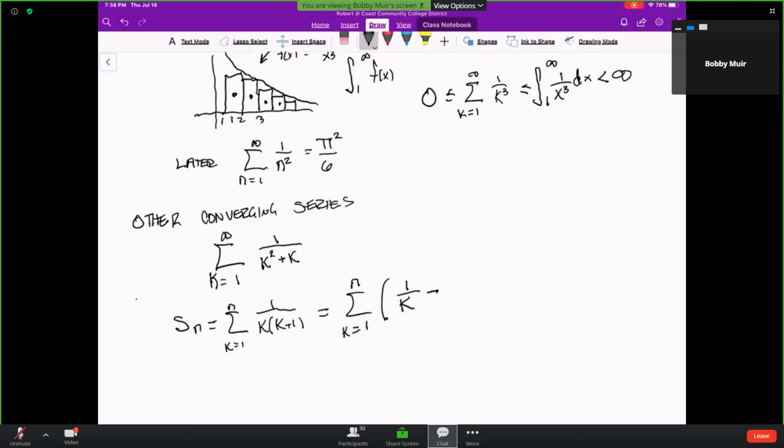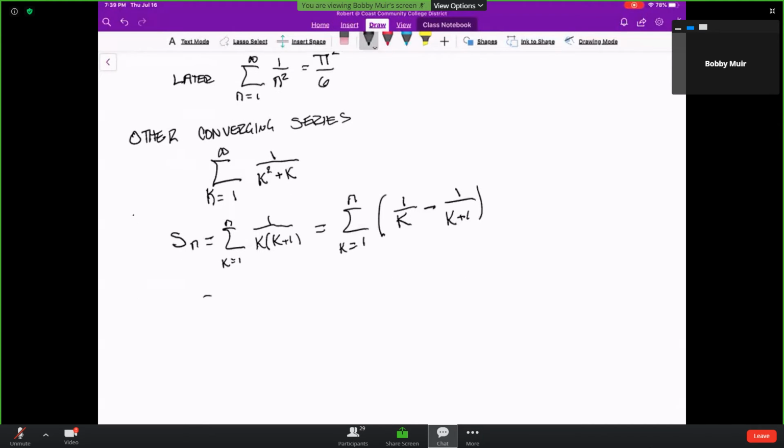Okay, 1 over k minus 1 over k plus 1. Now this is a finite sum, right? So it's going to be 1 minus 1/2 plus 1/2 minus 1/3 plus 1/3 minus 1/4, up to plus 1 over n minus 1 over n plus 1.